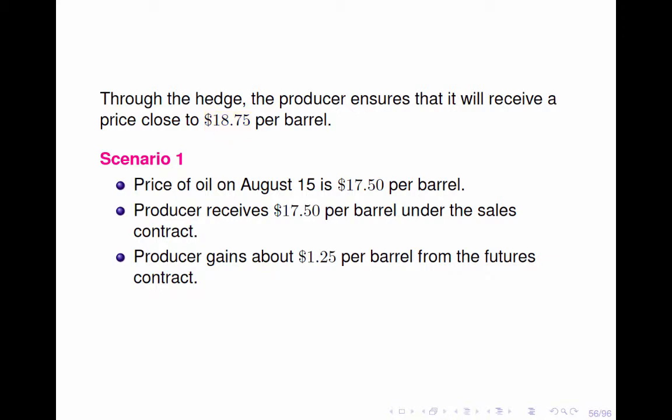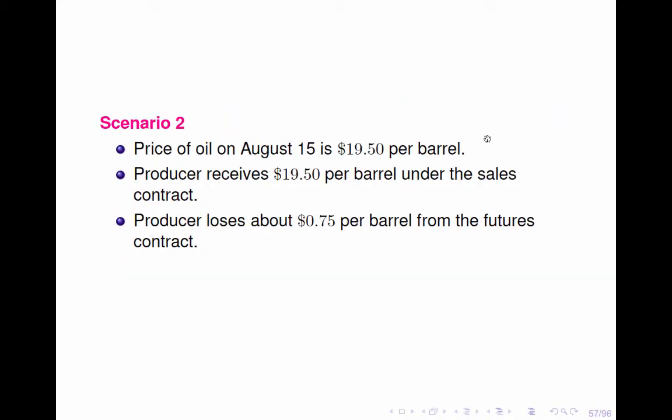$18.75 per barrel. For the second scenario, let's consider the spot price of oil on August 15th is more than $18.75 per barrel. Let's say it is $19.5 per barrel. Then, the oil producer will receive $19.5 per barrel under the sales contract.